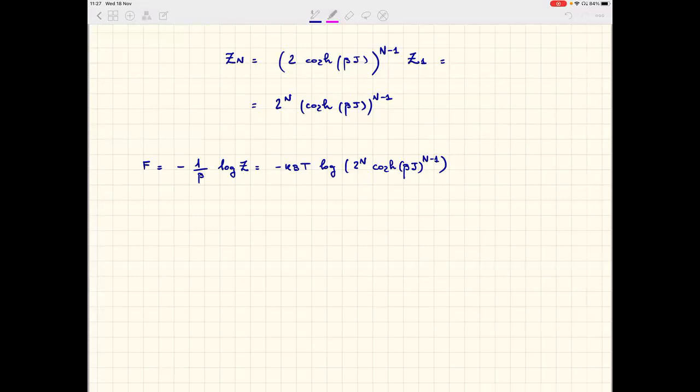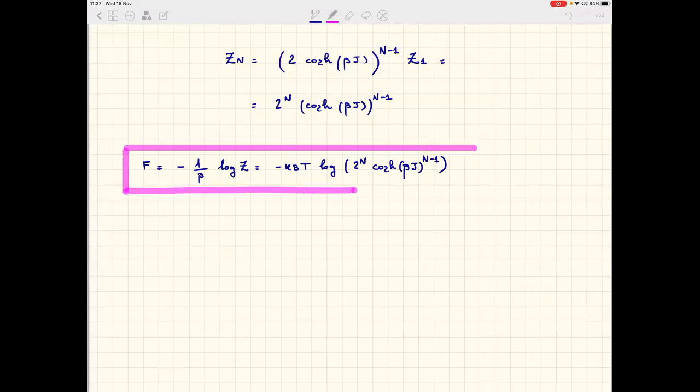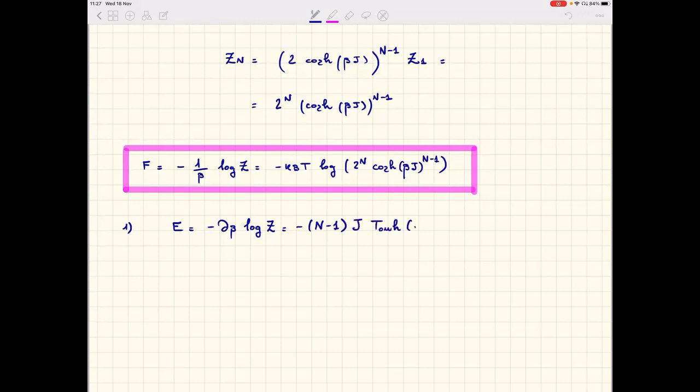Good. And now let's calculate some physical quantities. Physical quantity number 1, the energy, which is minus the derivative with respect to beta of log of z. If you take this derivative, you will get minus n minus 1 times j times the tangent hyperbolic of beta j.